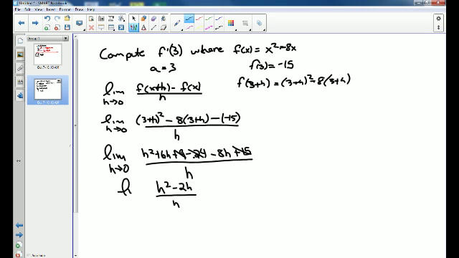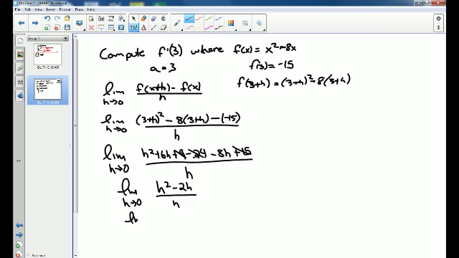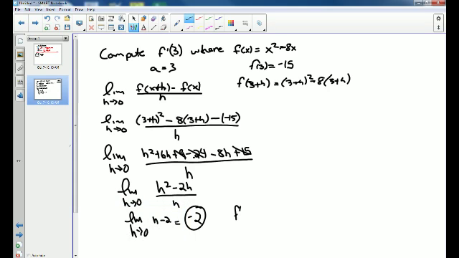Take out an h. So we can take an h out, right? So we can say f prime at 3 is negative 2.